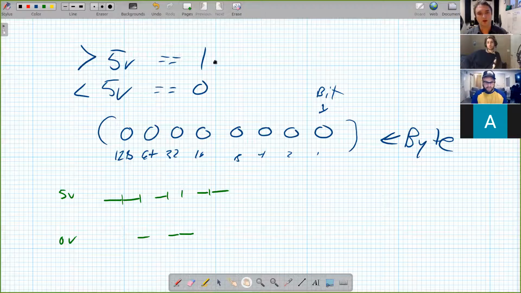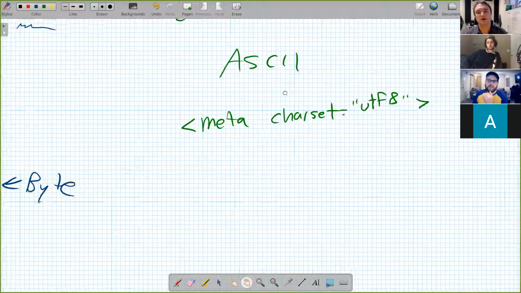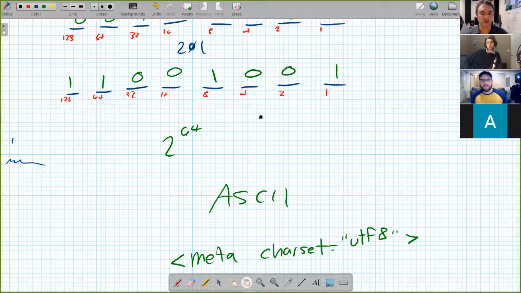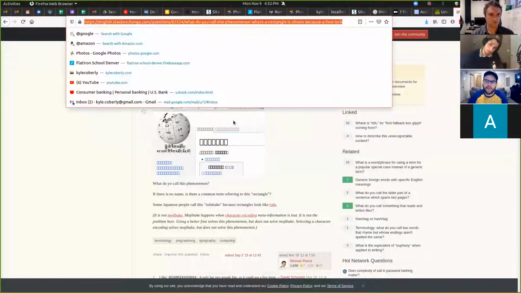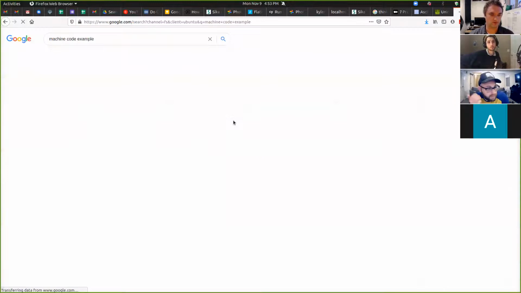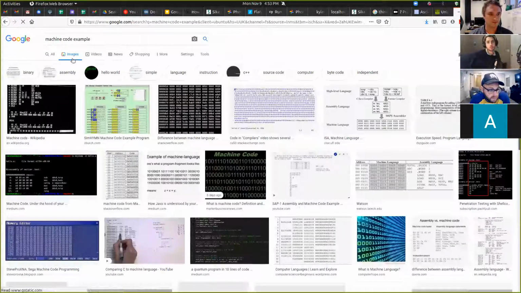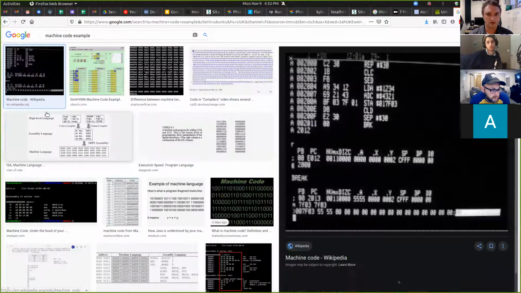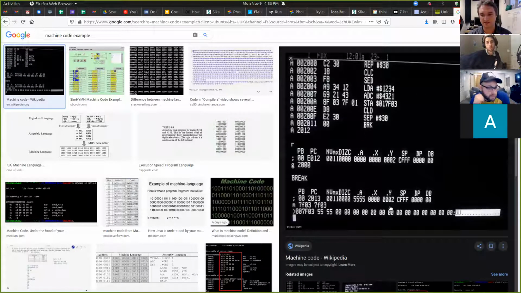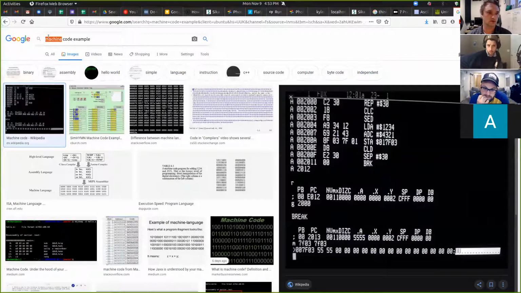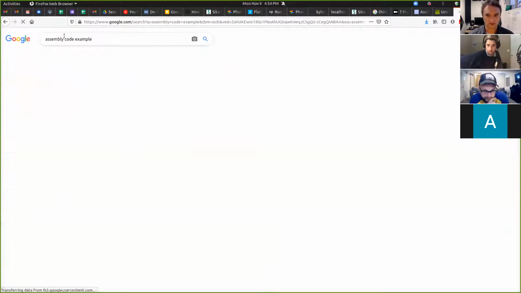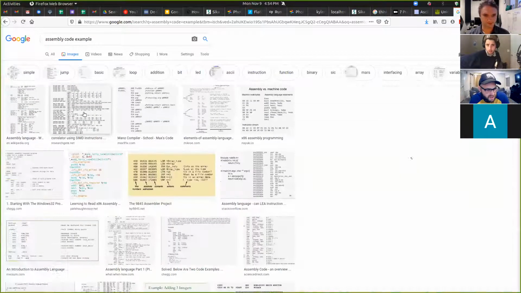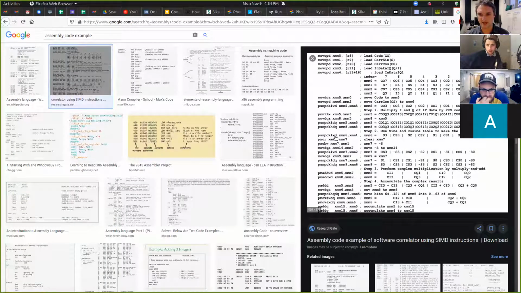I don't. So at the lowest level, you're writing a thing called machine code. Machine code looks like this. That's the thing right before binary. That's what assembly code is turning into. So assembly code looks like this.